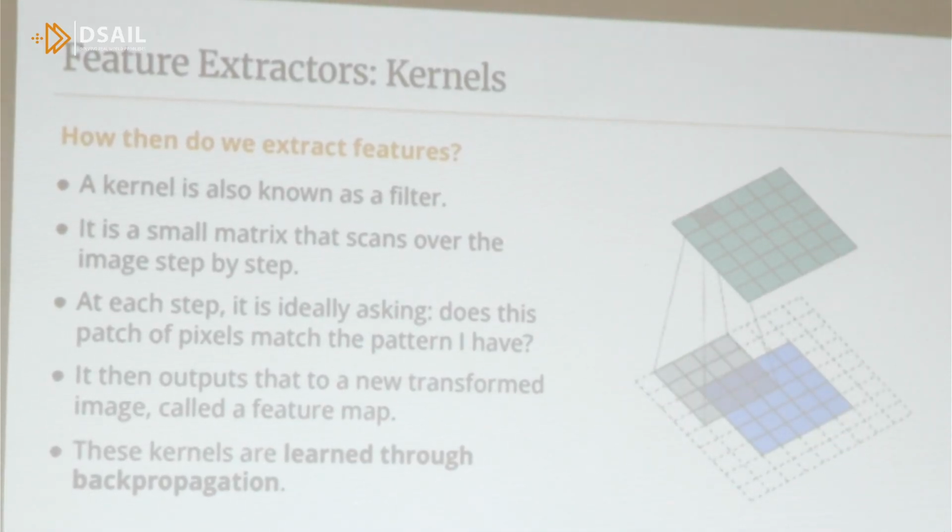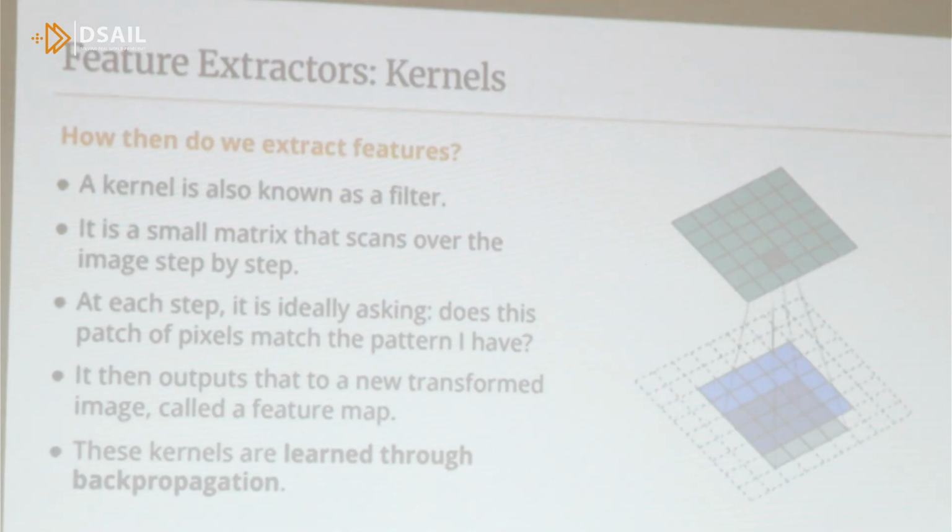So essentially, usually you have many kernels that learn to extract different and various kinds of features. So you don't manually, there are standard kernels, when you're doing digital image processing, there are filters that detect edges and all that.